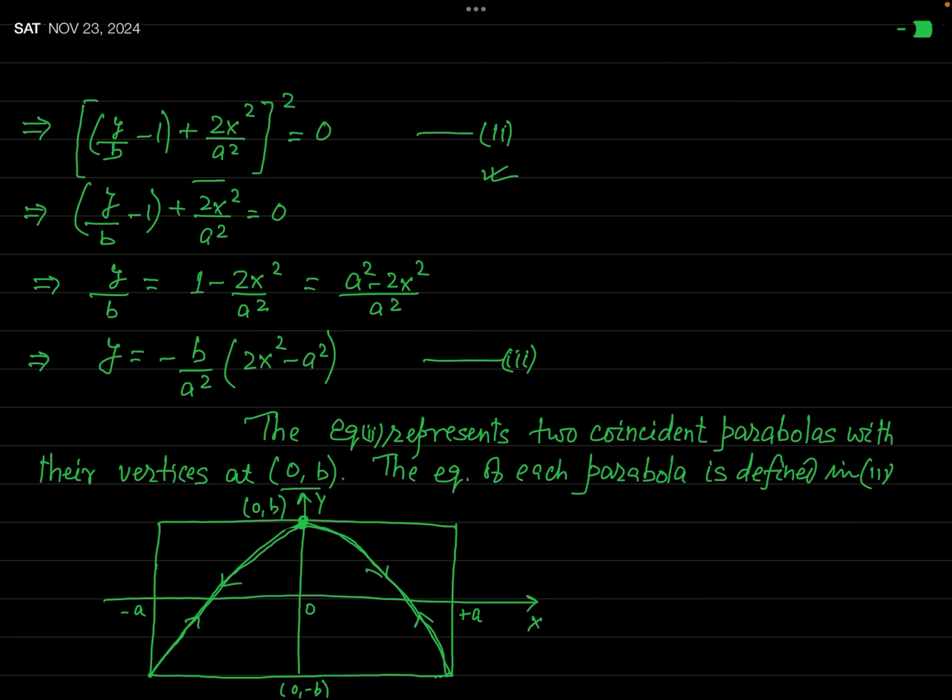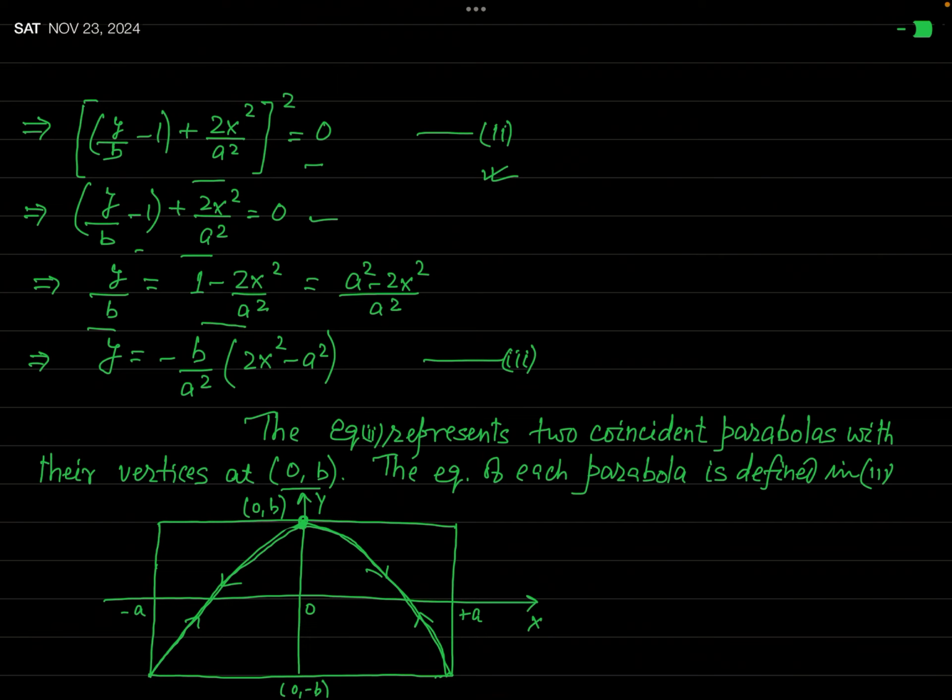And what will be the equation of those parabolas? You can easily obtain it. Since this much is equal to 0, you can write that y over b minus 1 plus 2x square over a square is also equal to 0. Therefore, y over b is equal to 1 minus 2x square over a square.